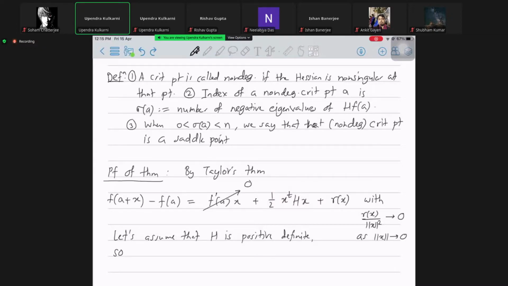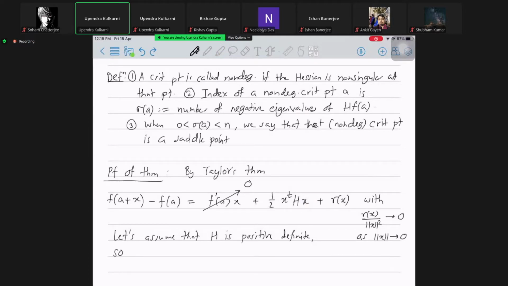So all that I have to do is to show, notice what do I want to show? I want to show that at A, I have a local minimum. That means that for all small values of x in all directions, I want to show that f of A is a minimum.